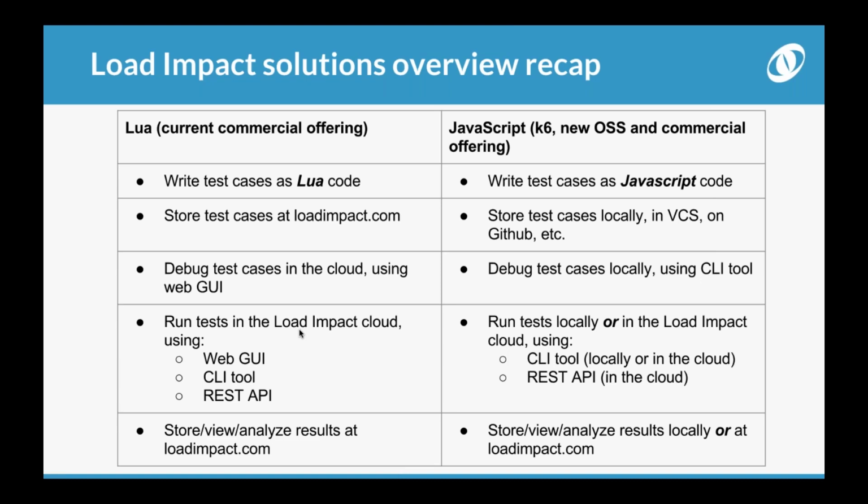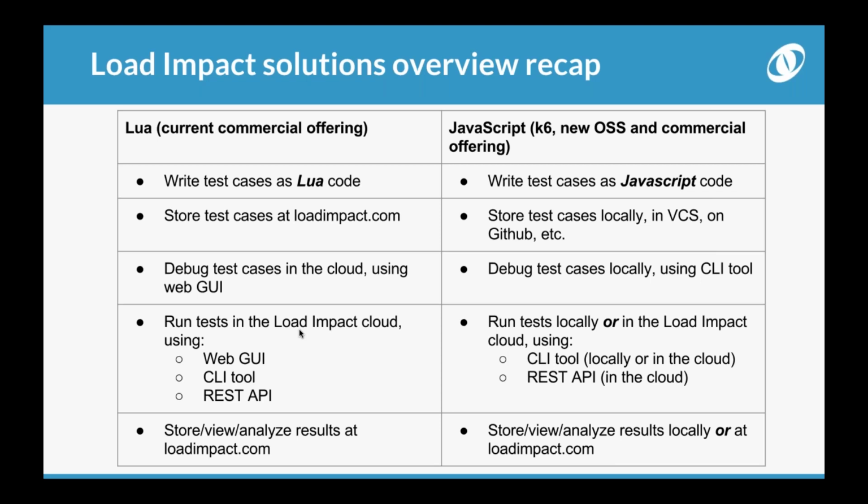Yeah, so that concludes the part of this webinar focused on the current Lua-based product. And before we move on to the K6 portion of the presentation and demo, I want to just quickly recap the similarities and differences between the Lua product and our JavaScript-based K6 tool. So as we saw, we write our test cases in Lua code, and then the entire workflow of creating these test cases, debugging them, creating test configs, etc., is done in the web GUI at loadimpact.com.